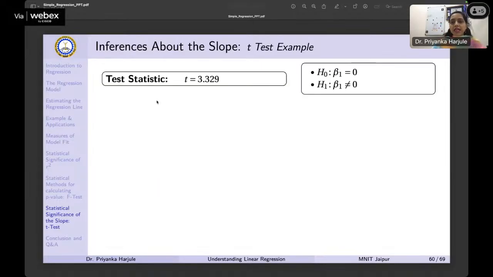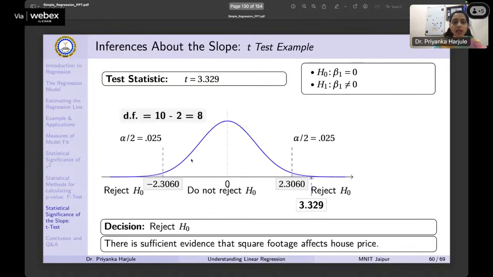So t statistic is this, and degrees of freedom, again the t distribution table value will give you the t statistic value for a particular degree of freedom. In this case there is only one degree of freedom, whereas in the f test you had two degrees of freedom.